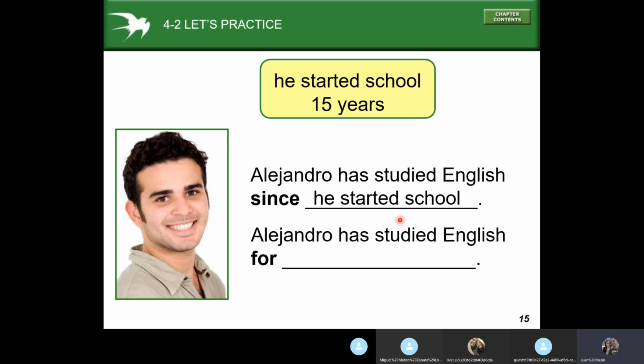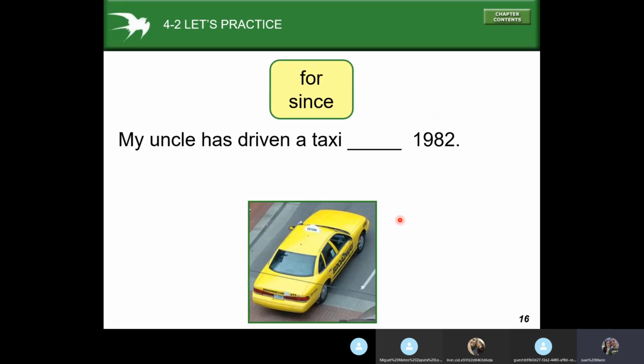Now, Alejandro has studied English for 15 years. Very good. For 15 years. Excellent. Okay, this one. My uncle has driven a taxi since 1892.